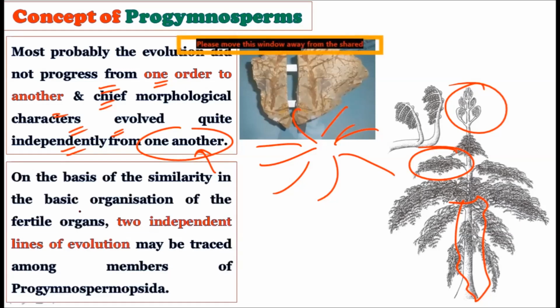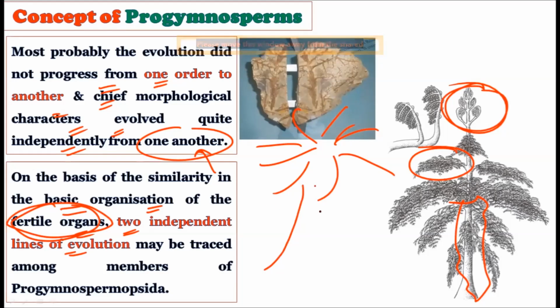On the basis of similarity in the basic organization of the fertile organs, two independent evolutionary lines may be traced. If you study these progymnosperms carefully and go through the fertile organs they create in their bodies, we can trace two evolutionary lines by studying these reproductive organs in the members of the progymnosperms.